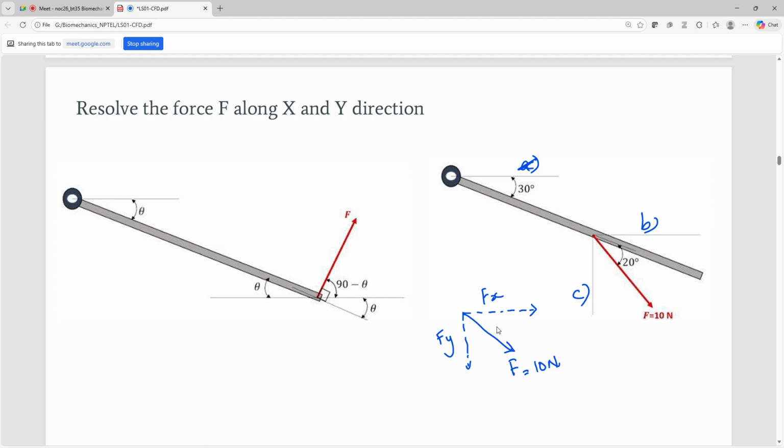So first thing, where is the angle located? We have already discussed. If the angle is located, then that component becomes the cos component. So here the angle is given here. Force F is making an angle of 20 degrees with the rod or this particular component.